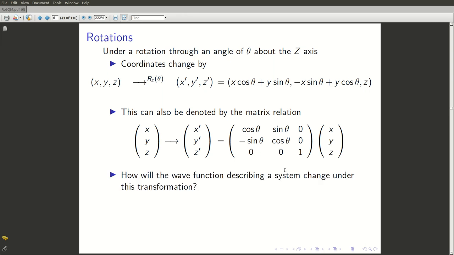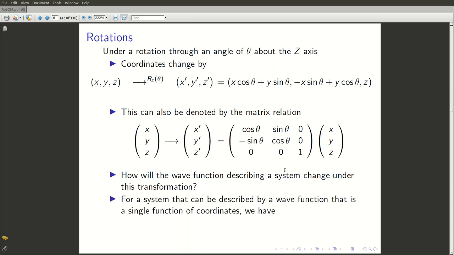The question of course now is, how will the wave function describing a quantum system change under this particular transformation of coordinates? Well, we can have various kinds of descriptions of a quantum system, but the simplest description that we have is that by a single wave function, a single function of the coordinates x, y and z. And for that, the standard rules of the transformation that we had figured out for functions work.